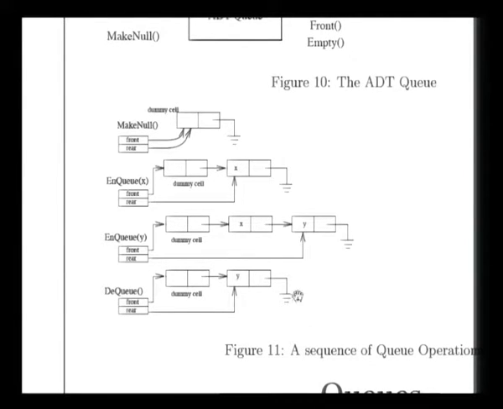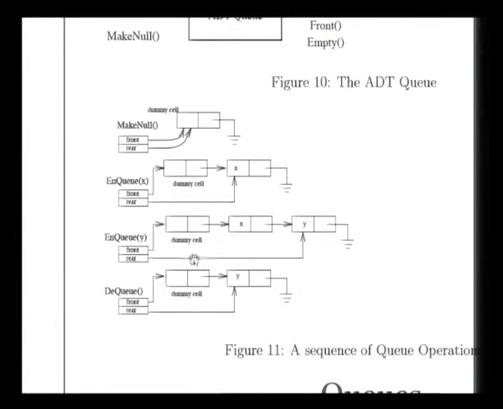Now, I am enqueuing one more element, then what happens? Y is enqueued after X and rear is updated over here. So, now what am I going to do when I do DQ? When I DQ, I remove this element. So, I keep the dummy cell as it is and DQ the element next to the dummy cell.